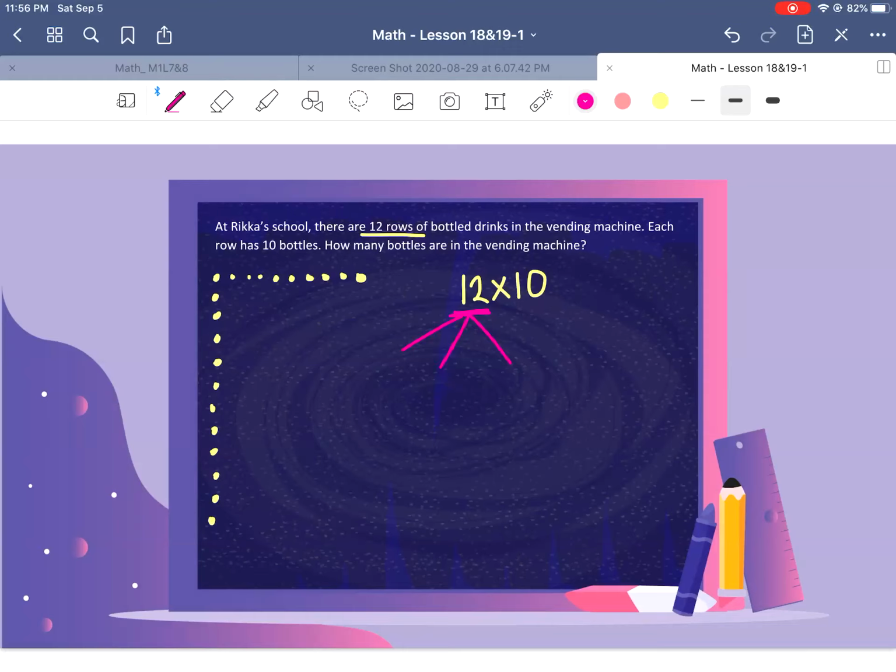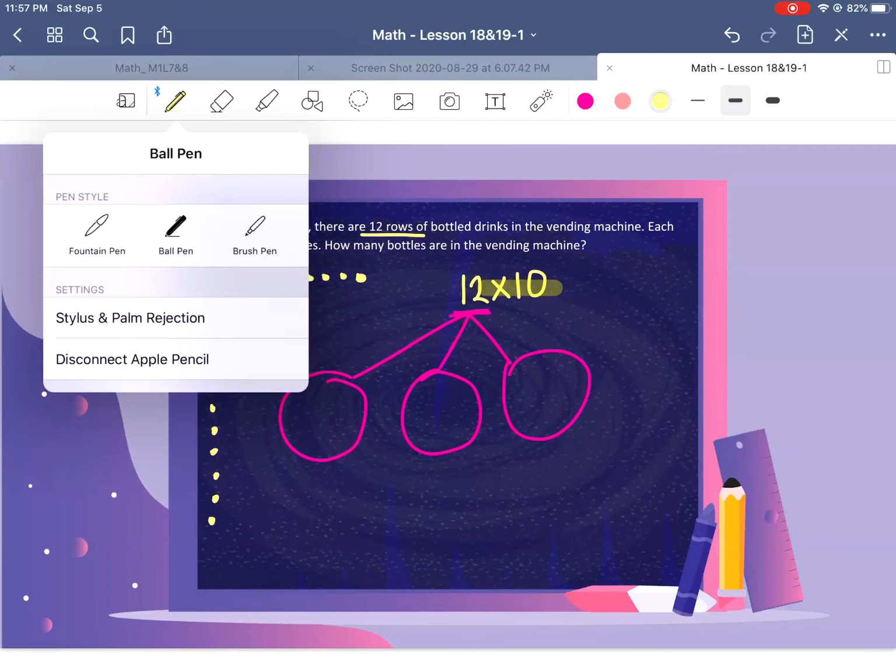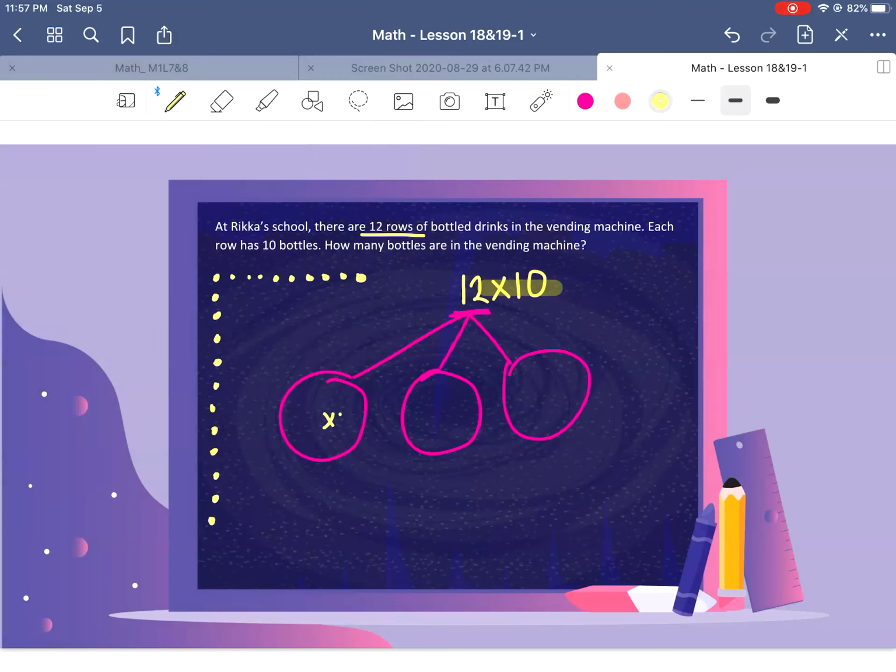However, this time I'm going to divide this into 3 parts. And in my first bubble, once again, I need to keep my operation the same. So I'm going to put times 10 in each circle.